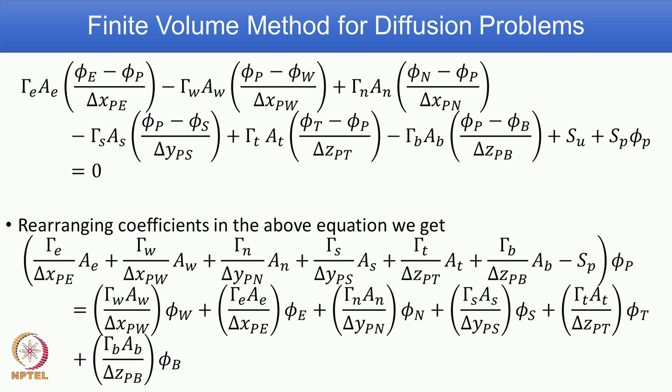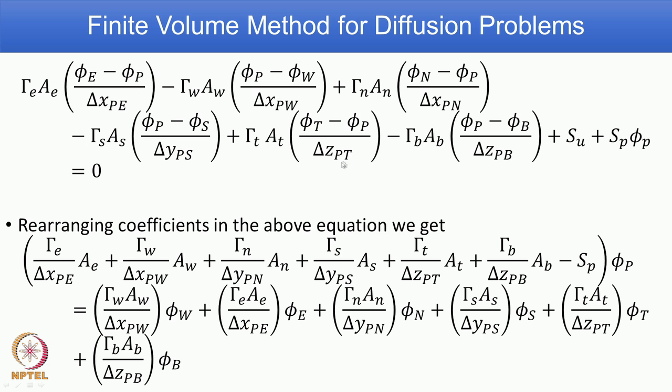As we did in the case of 1D as well as 2D, we identify the control surfaces and all the derivatives required at the control surfaces are evaluated based on function values at the respective nodes.